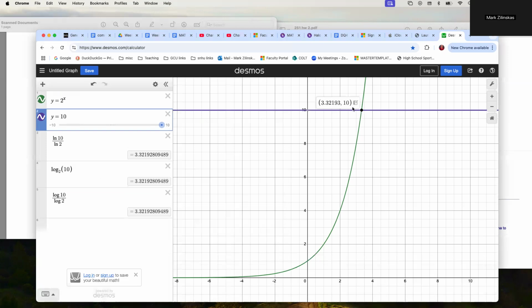Once again, I'm going to get 3.2193, rounded to 4 decimal places, or 5, excuse me. So you have some options of how to solve this.